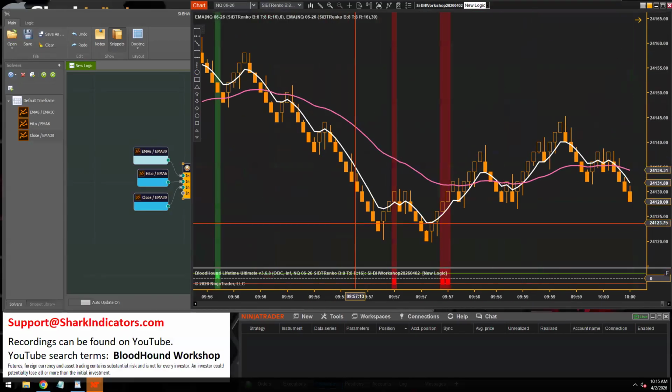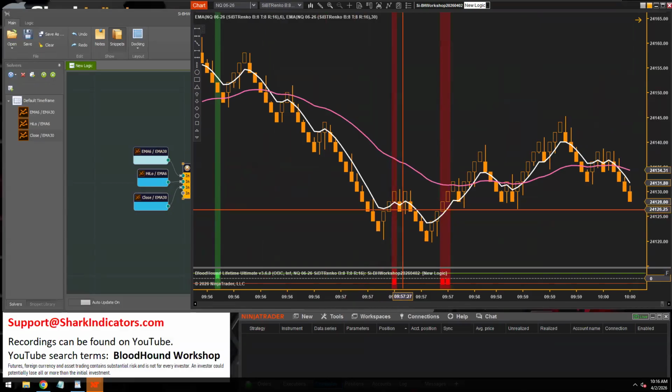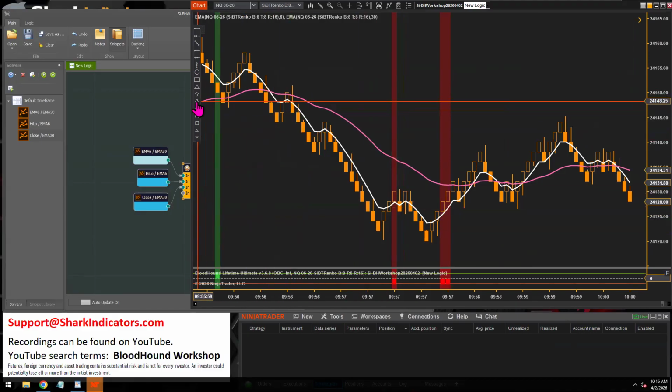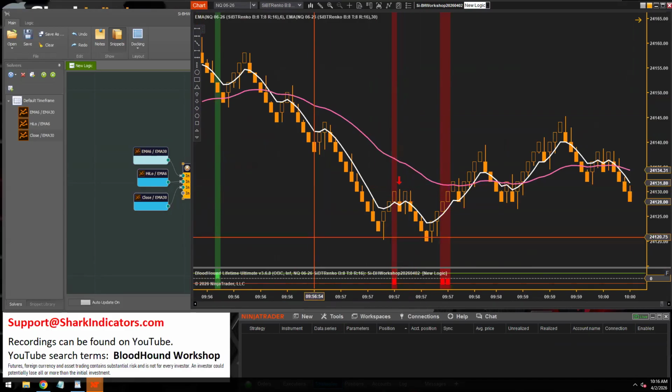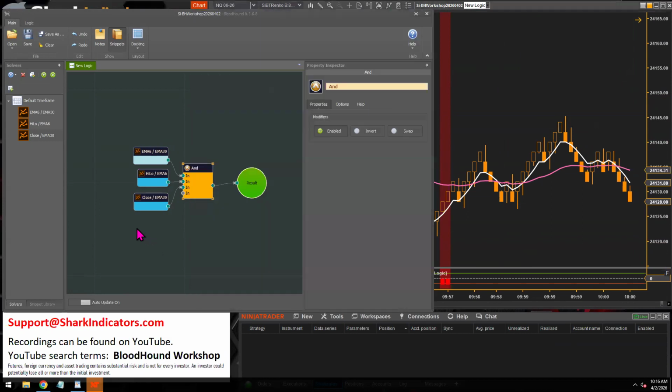And here we go. So here's a setup for a short, right? And the trigger is on the next reversal bar down. So this is actually the signal bar right here. So let's build an inflection solver.